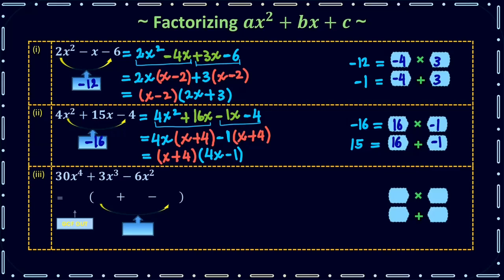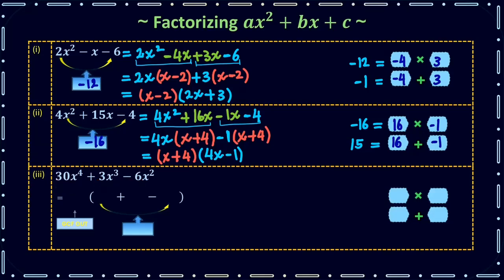We have a trinomial. It's not a quadratic because the degree is 4. But as I said, for every expression, we're going to look for the GCF of all the terms. We have 30, 3 and -6.